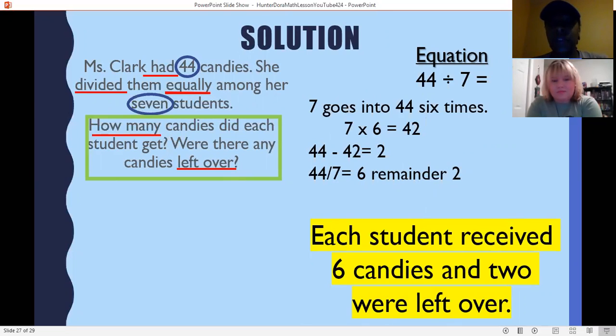And when we subtract 42 from 44, we get a remainder of 2. So 44 divided by 7 equals 6, with a remainder of 2. So that means that each student received 6 candies and 2 were left over.